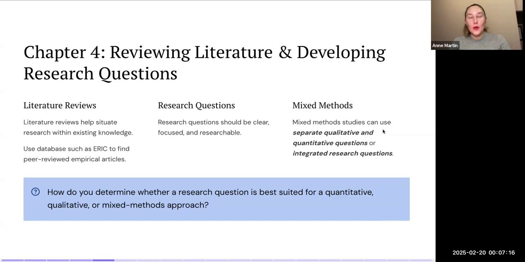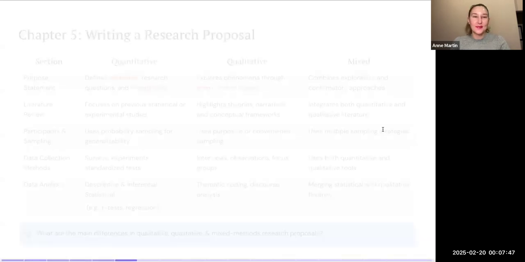Now, in mixed methods, when you write your research question, sometimes mixed methods have two separate research questions, one that has the quantitative aspect, one that has the qualitative, and then others have one integrated research question that has both quantitative and qualitative aspects. So when you're looking at a research question or even formulating your own research question, how do you decide what design is best suited to it? Would that research question be better addressed with a quantitative, qualitative, or mixed methods approach? So how do you decide?